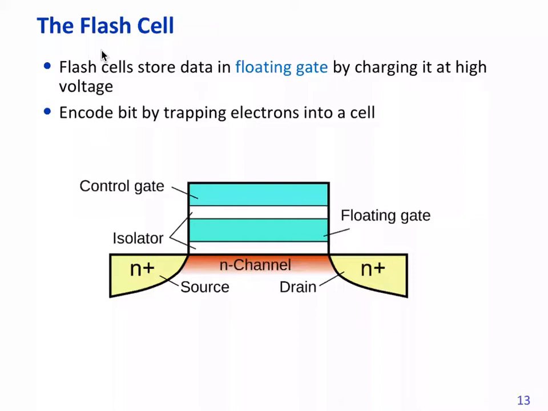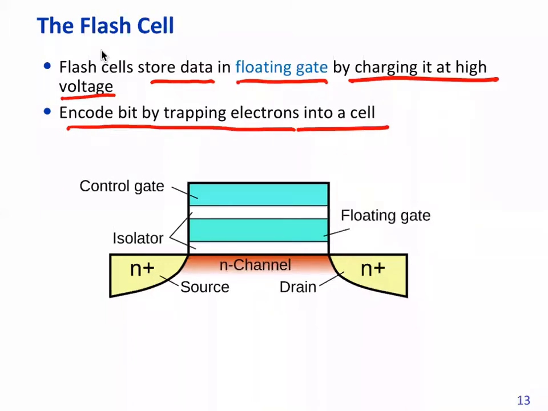So here the flash cell stores data in a floating gate by charging at high voltage, and the charge remains there. So it encodes a bit by trapping electrons in the cell. Whether charge is there or not there tells you whether the bit is 0 or 1.